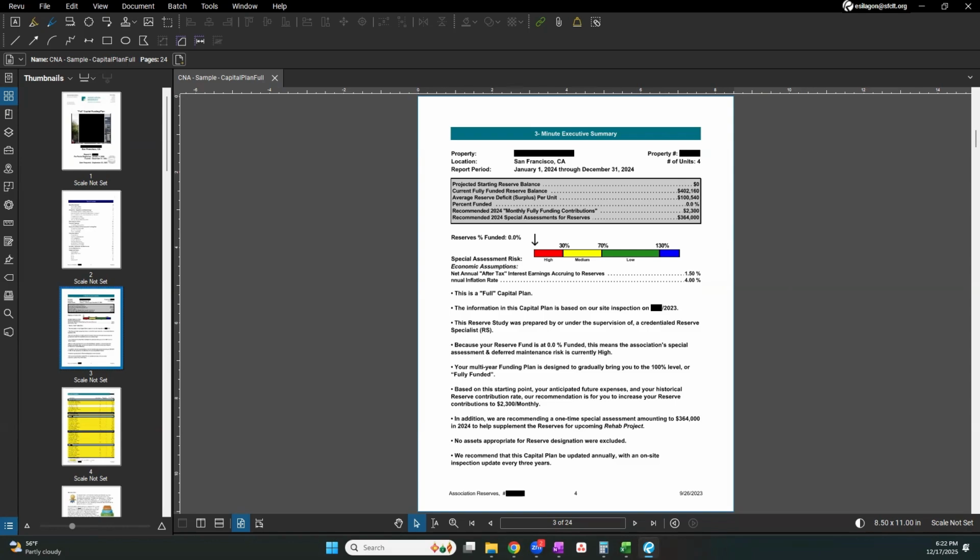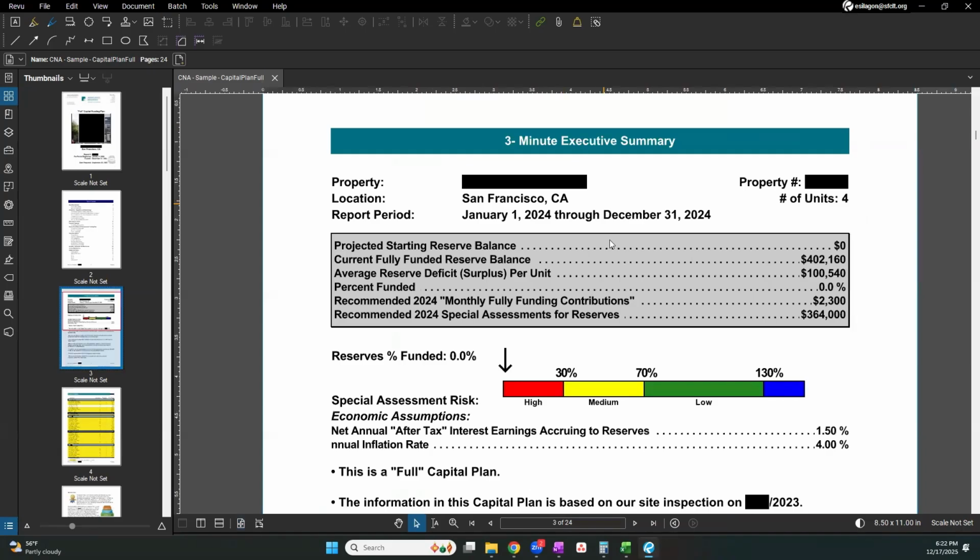So it starts out with this 3-minute executive summary, and it's just a high-level reserve summary. So I'm going to go ahead and zoom in here a bit so we can really dig into this. Since we are acquiring this property, we do not have an existing reserve balance. So our starting reserve balance is 0.